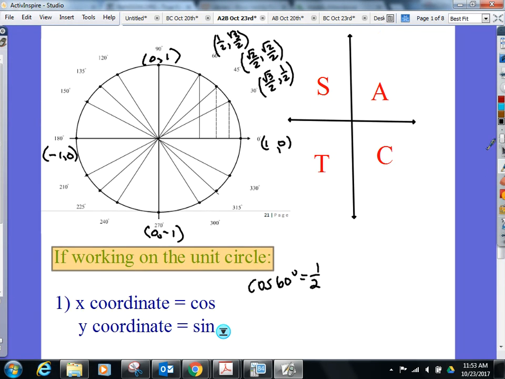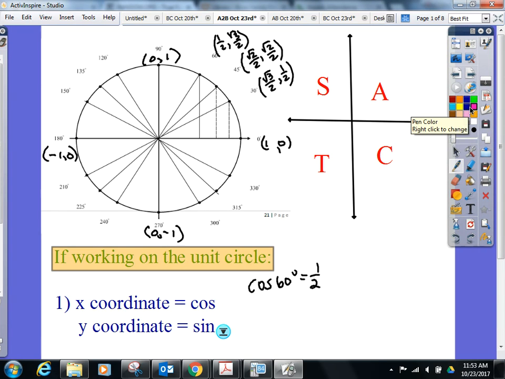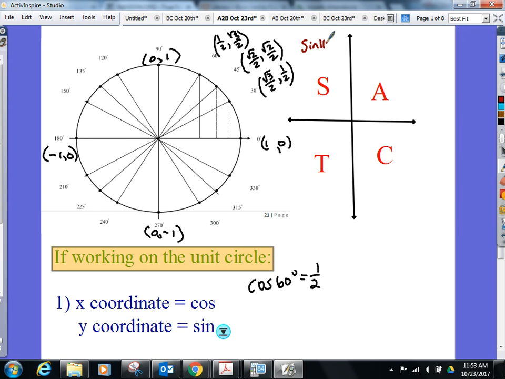And the big topic from Friday I wanted to get through to you guys was the following. Lucas, please pick any angle in the second quadrant. 110, fine. If I ask you for the sine of 110 degrees, I have no idea what it's equal to, but you should be able to tell me if it's going to be positive or negative because it's in the second quadrant.